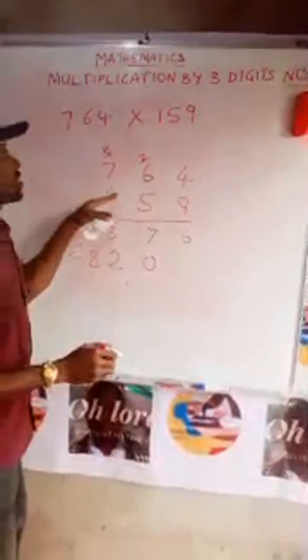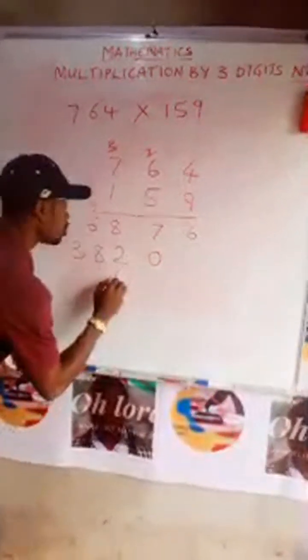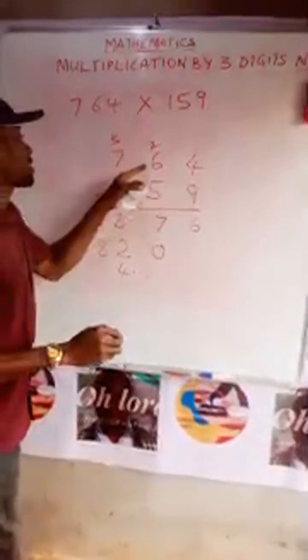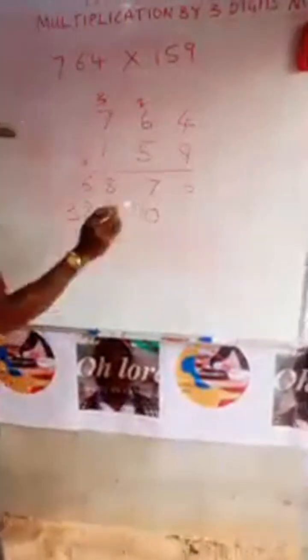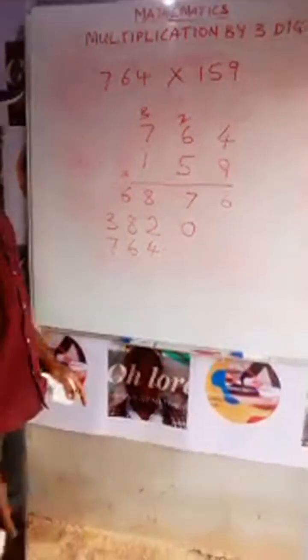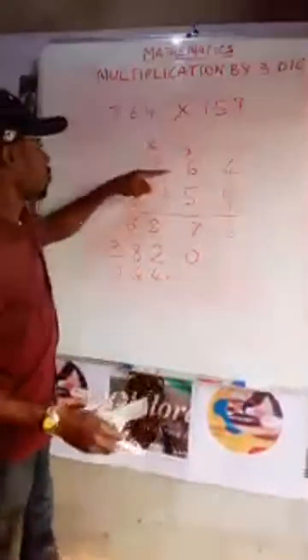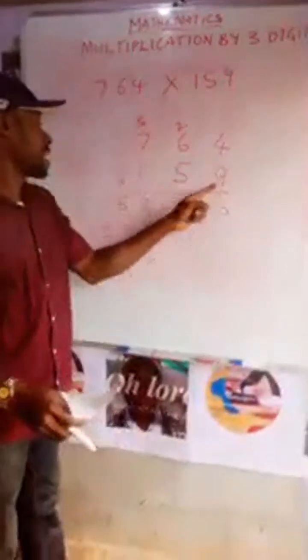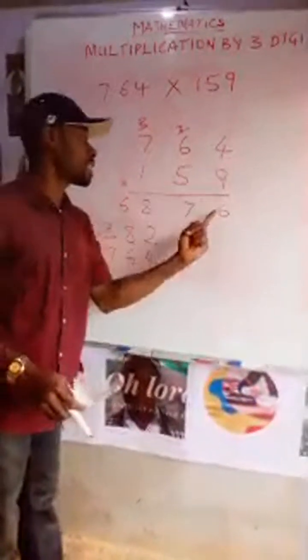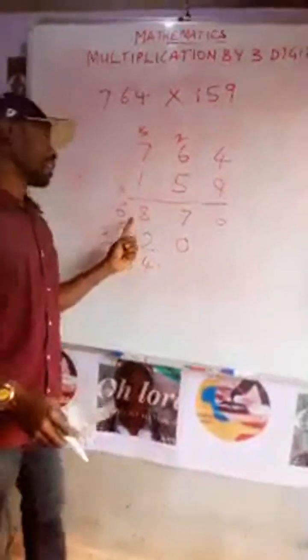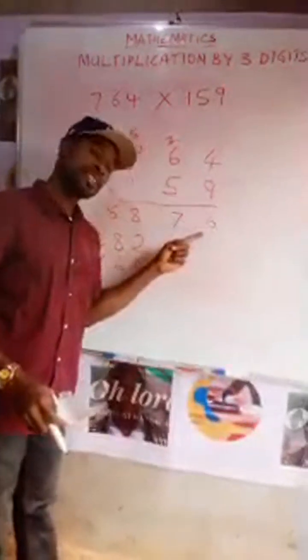Now 1 times 4 gives us 4. 1 times 6 gives us 6. 1 times 7 gives us 7. You see what I told you, that whatever you are using to multiply with 9, this is the answer. So that means 764 times 9 gives us 6,876.